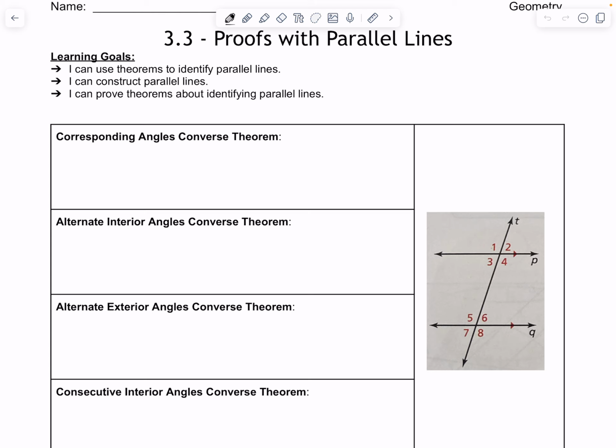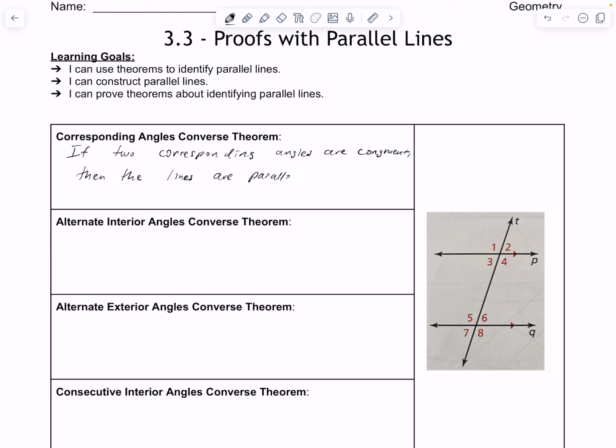So we're just going to switch that and say if two corresponding angles are congruent, then the lines are parallel.